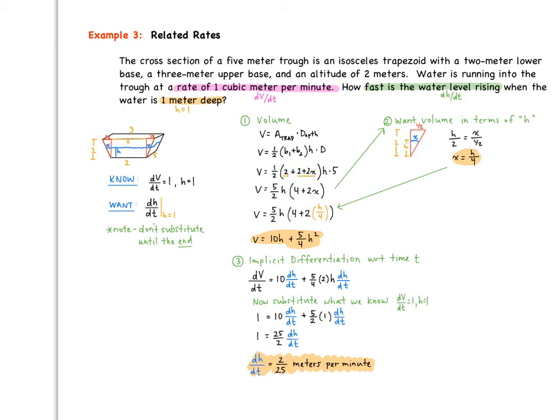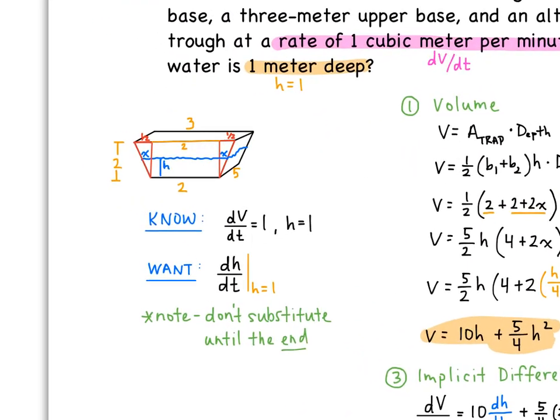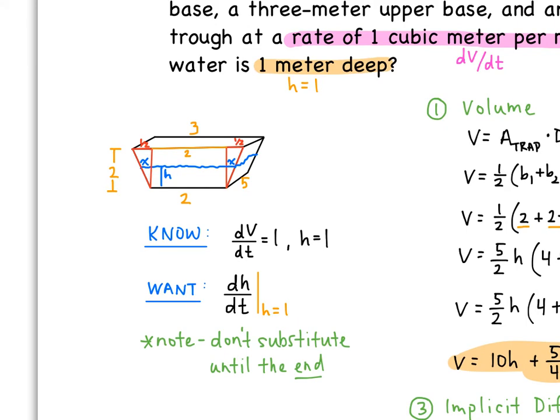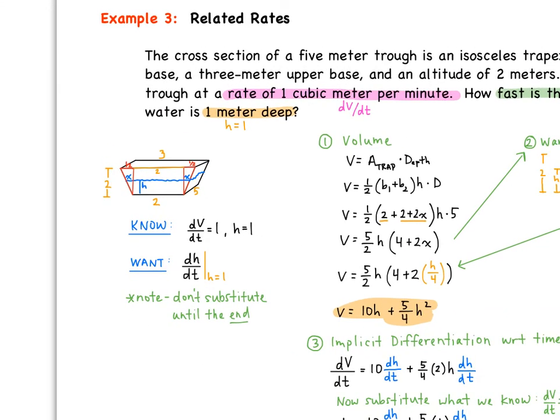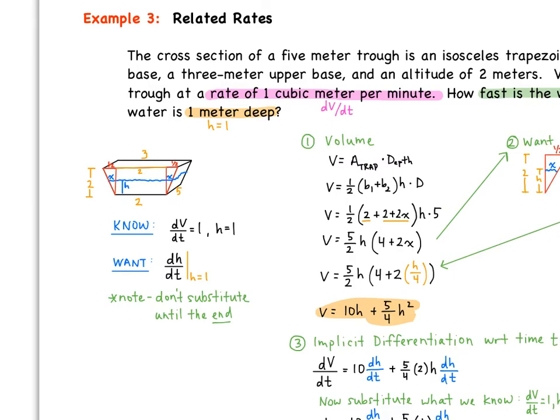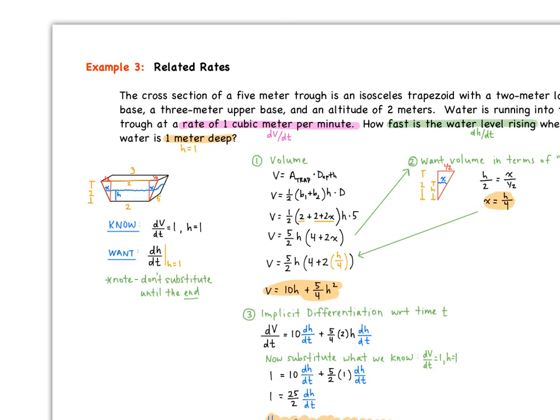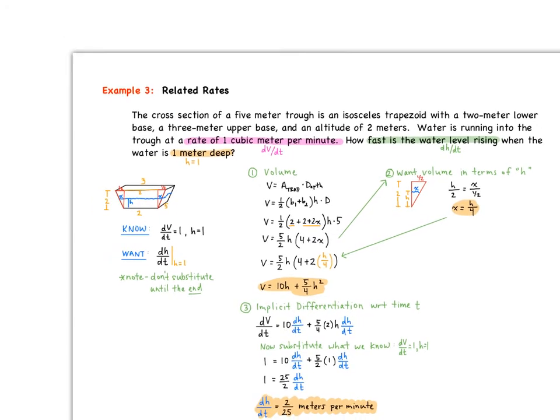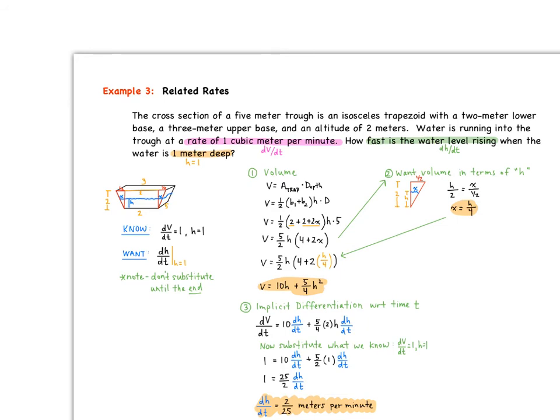So if we zoom in here, here's our diagram. We are told the cross section of a 5 meter trough, so that part is right here. What else do we know? We're told it's an isosceles trapezoid, with a 2 meter lower base, so that is this piece right here.